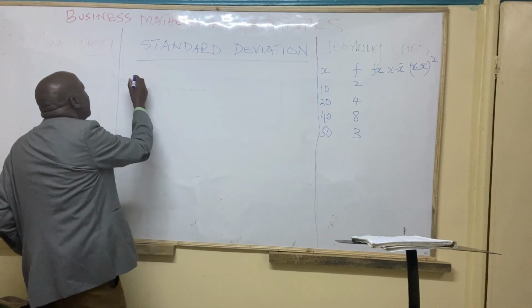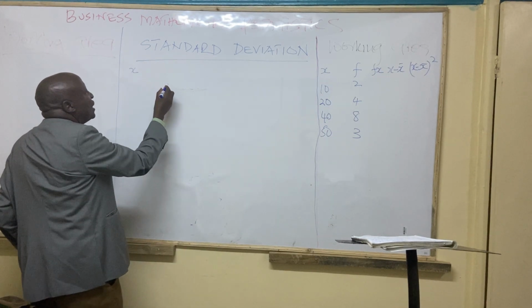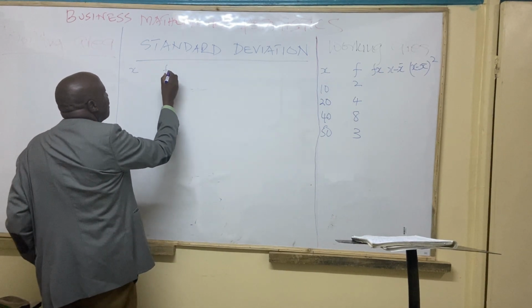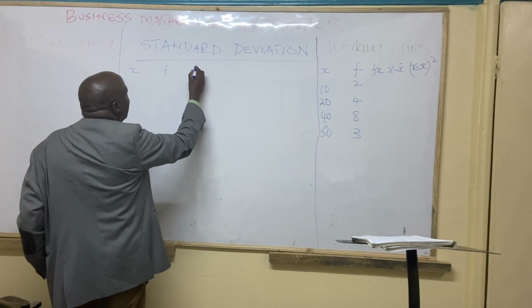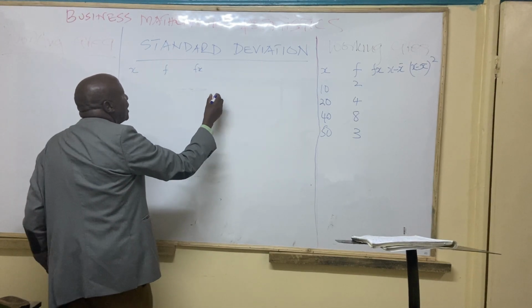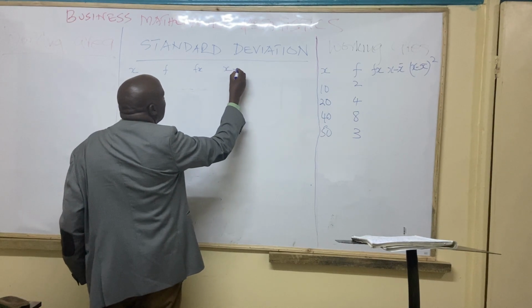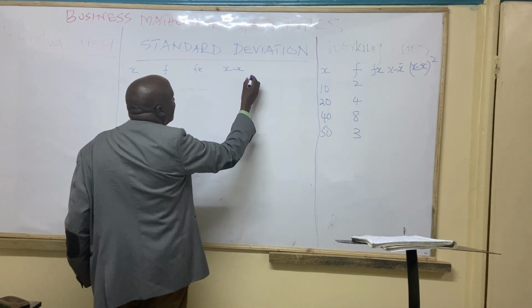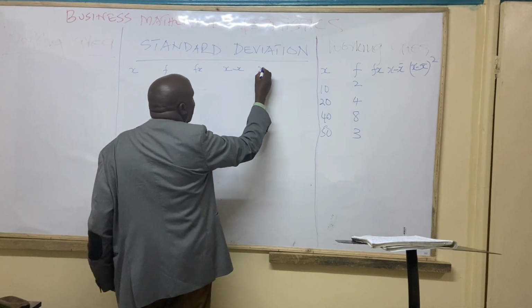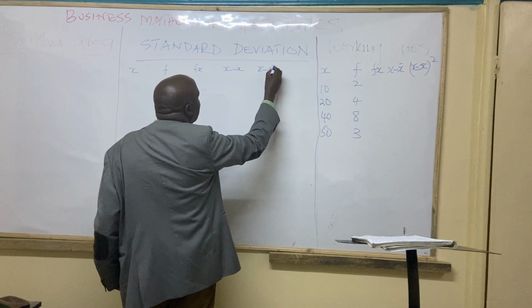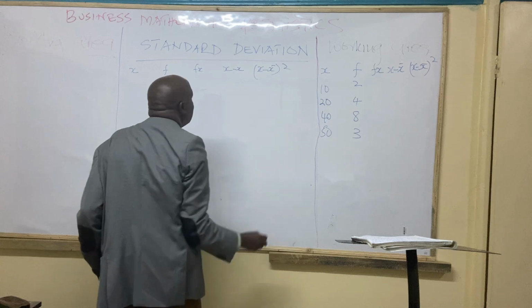We say x, fx, and (x minus mean) squared.